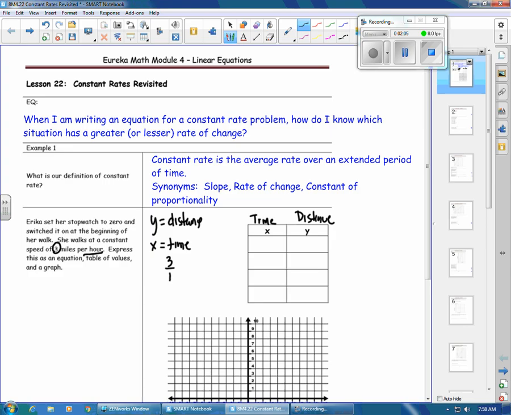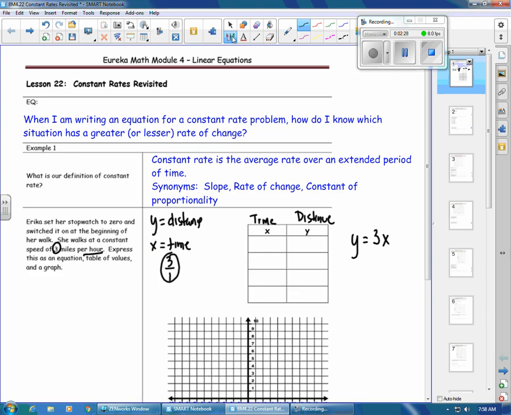I said the constant rate of change is the same thing as slope, right? So if I'm writing this in an equation, it's going to be y, total distance, equals our constant rate times the time that we are walking. Let's see if this all works out.